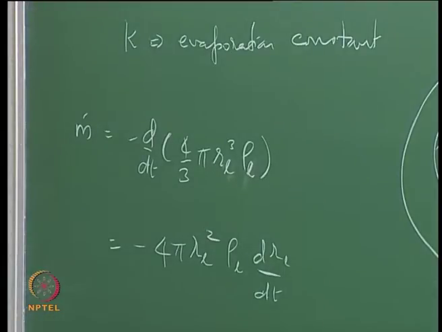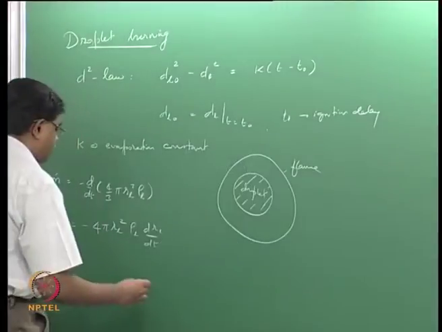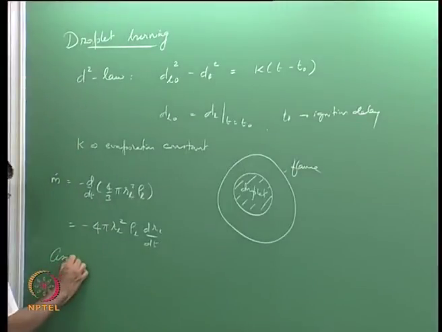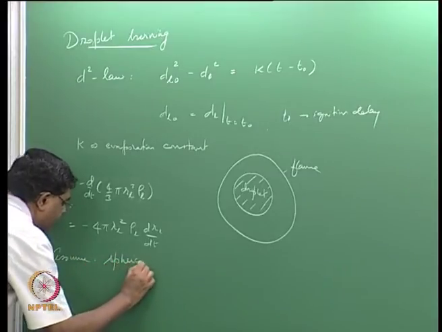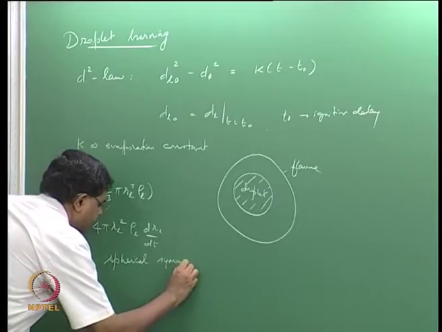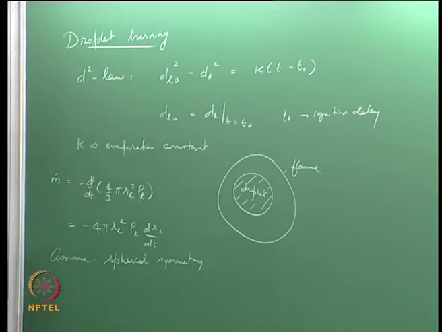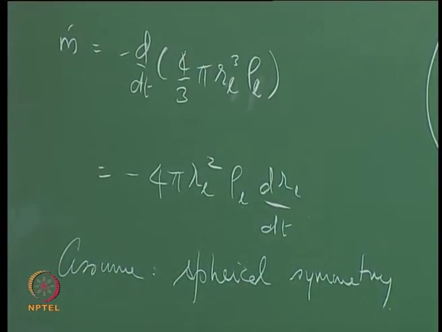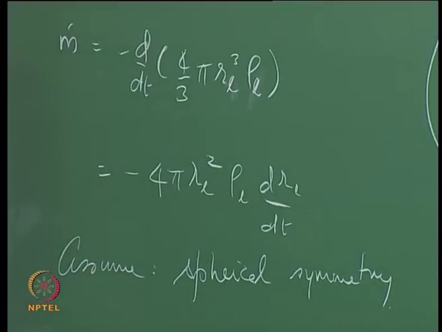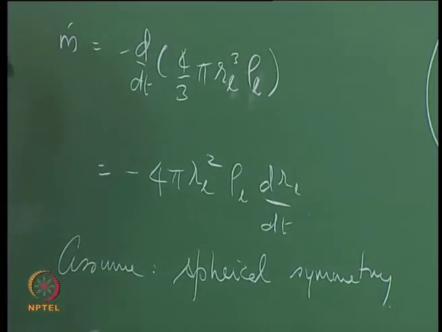So what we now assume, as already mentioned, is spherical symmetry. Not a great assumption for moving droplets or in a gravitational field or both. The other assumption that is quite important and needs to be elaborated upon is what is called a quasi-steady assumption.